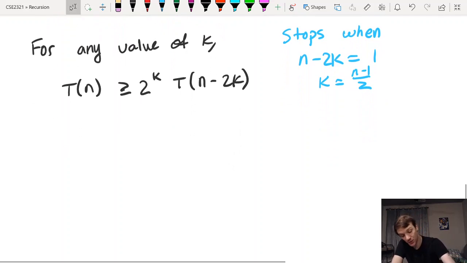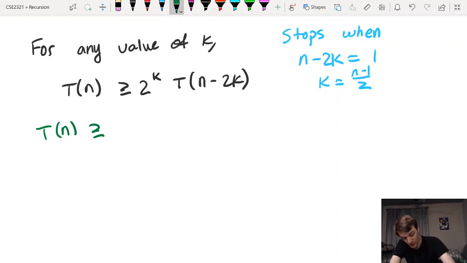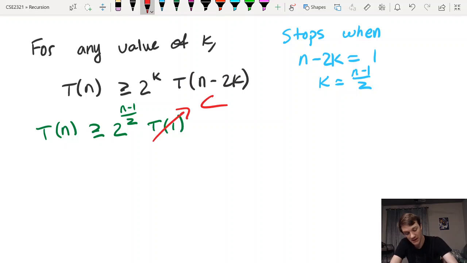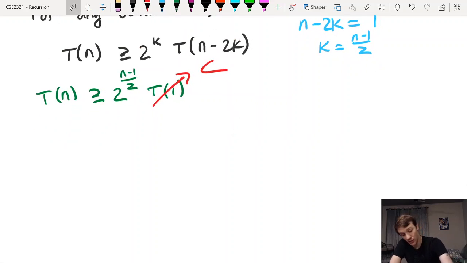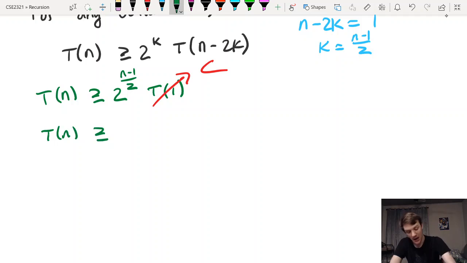Substitute that into our expression here, and we have t of n is greater than or equal to 2 to the n minus 1 over 2, times t of 1, which is equal to c. So t of n is greater than or equal to, I'm going to rewrite the first term to make this really obvious, 2 to the n over 2 times 2 to the negative 1 over 2 times c.